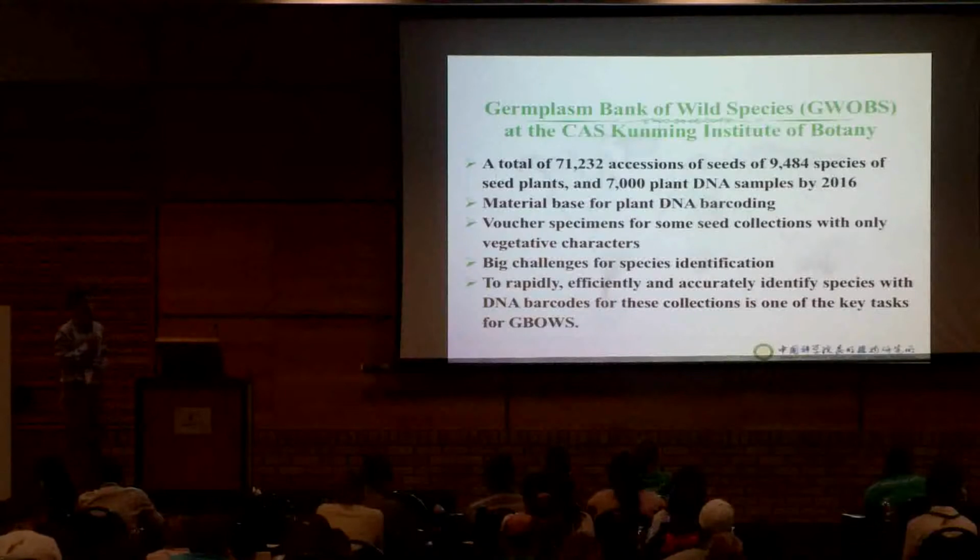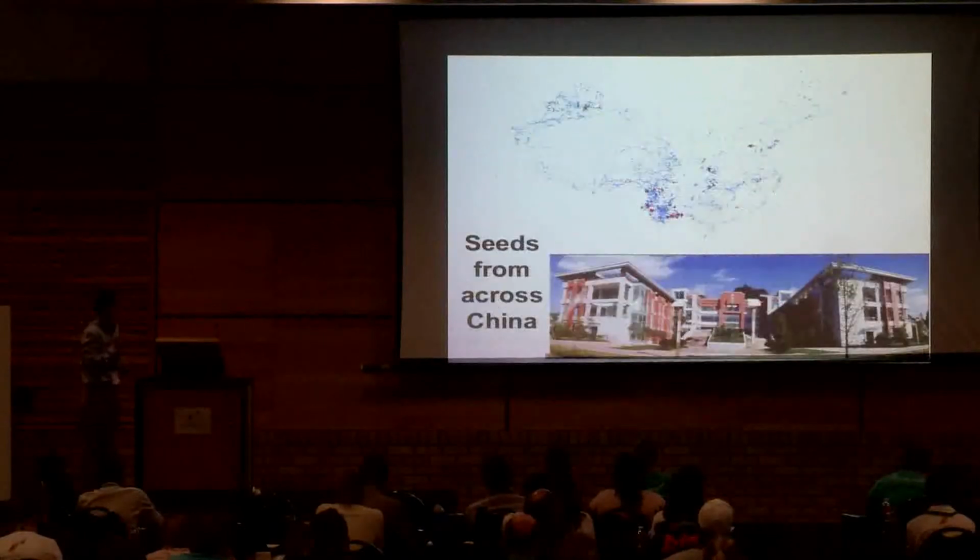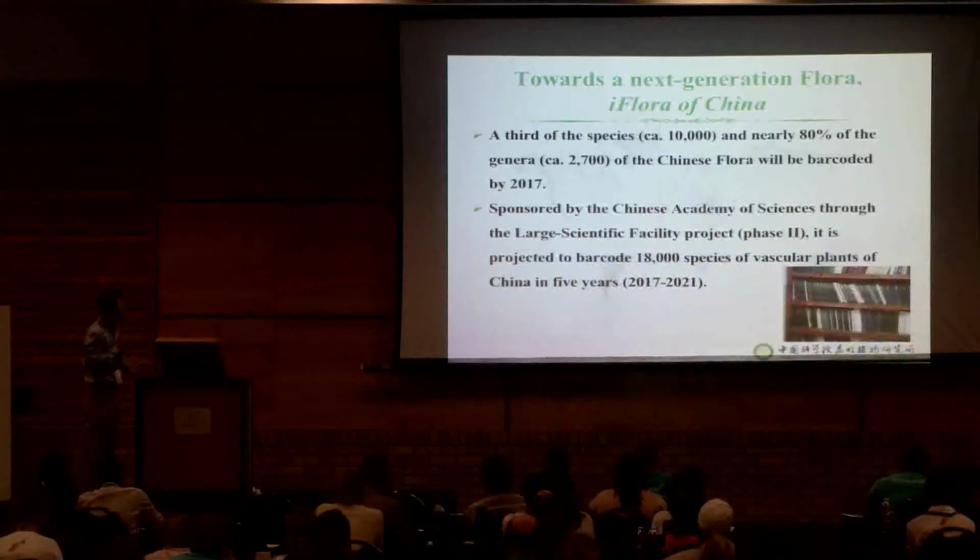And also we got a lot of DNA samples, and this is really important for our work for barcoding. And this is the seeds using GPS data, mainly from southwestern China, but actually across the country.